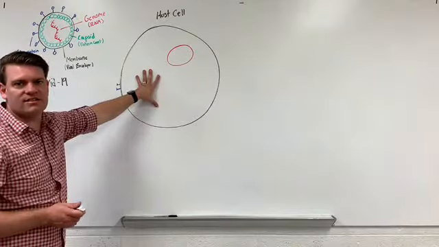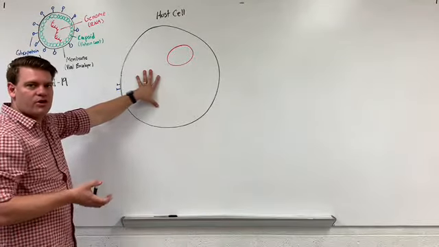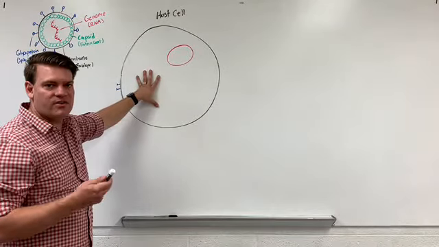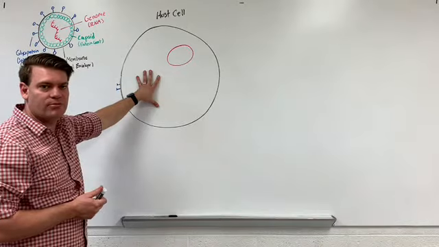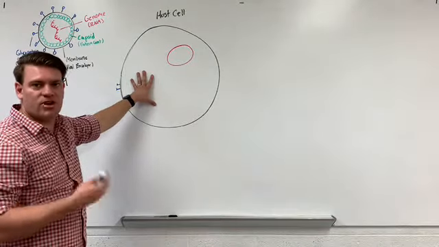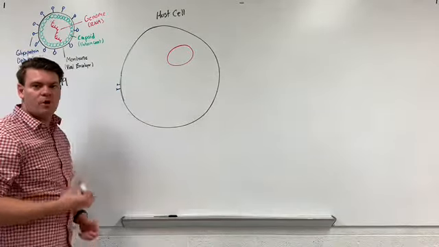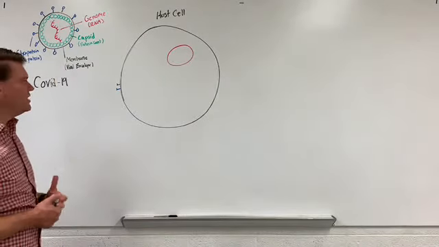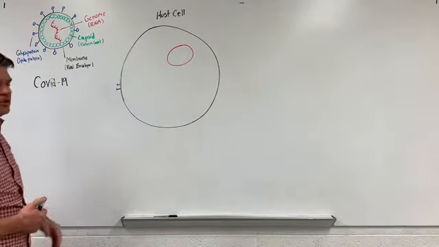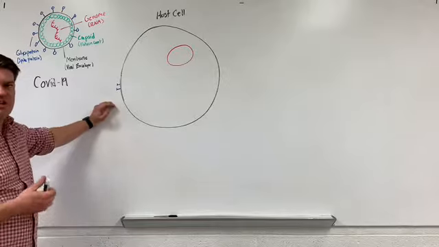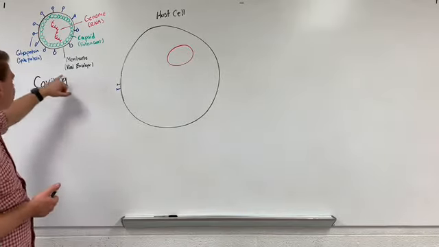So here we have our host cell. Let's say this is lung tissue, because that's where we know coronavirus attacks mostly in the human body, in its lung tissue, and causes pneumonia and the syndrome that often will go on and cause people to die that can't overcome it.